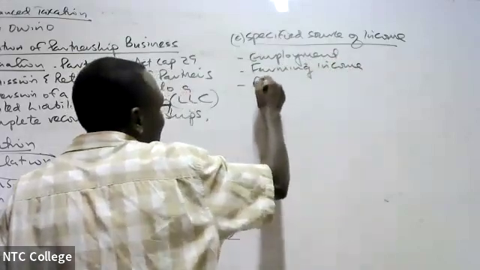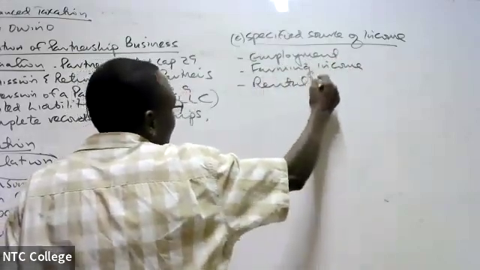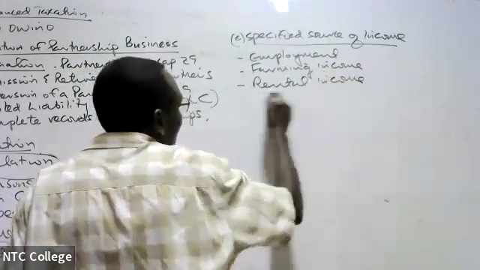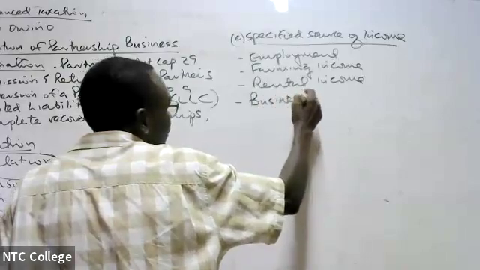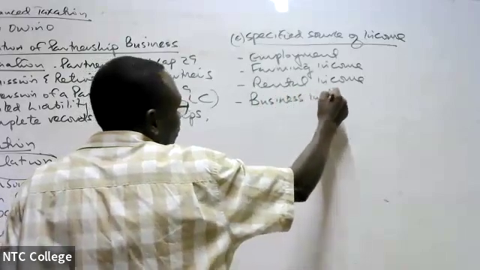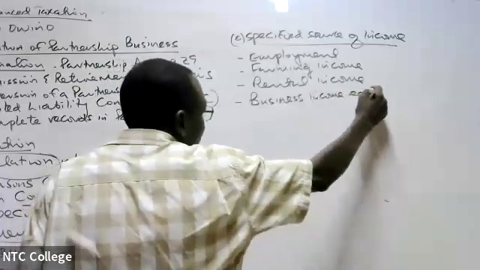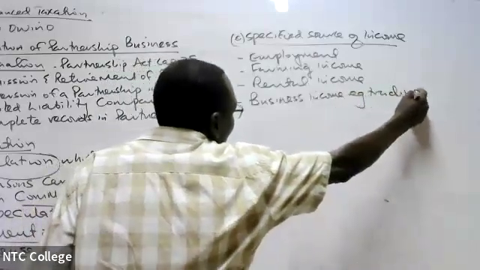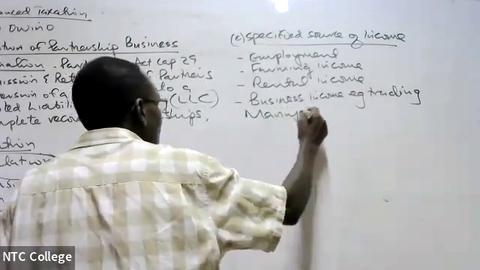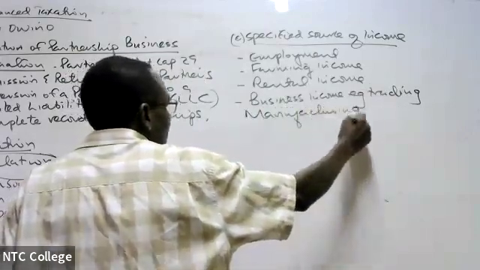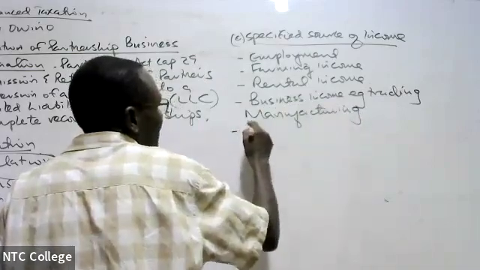We have rental income. We have business. Business could be trading, could be manufacturing. We have investment income.